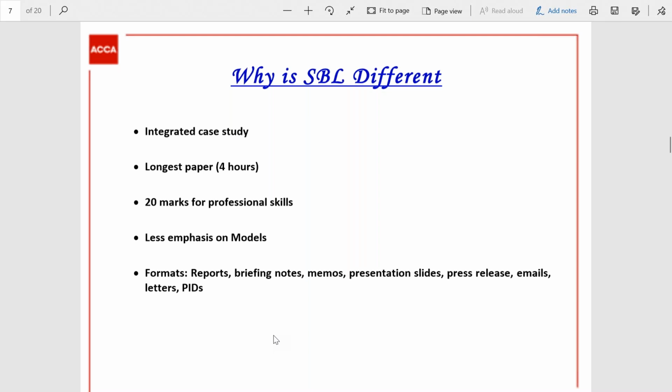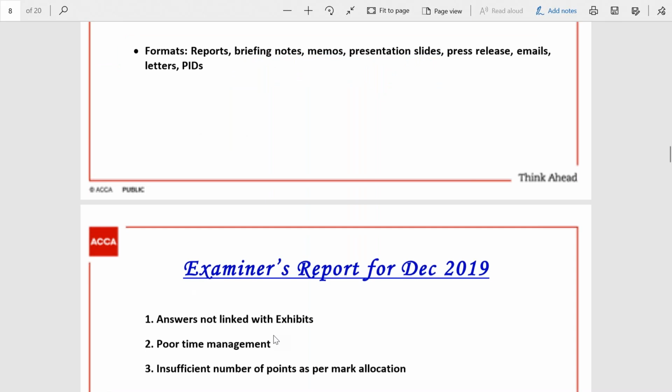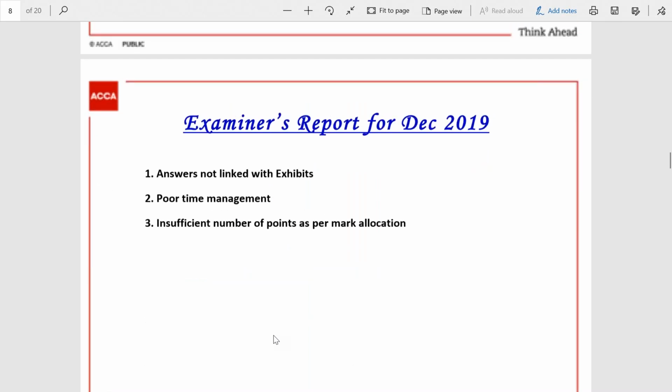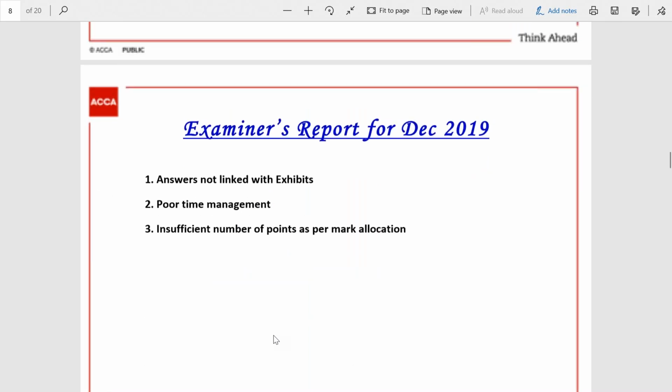All right, cool. So we talked about why SBL is different. Now, do you guys want to pass SBL? I repeat, do you guys want to pass SBL? 100% yes, right?